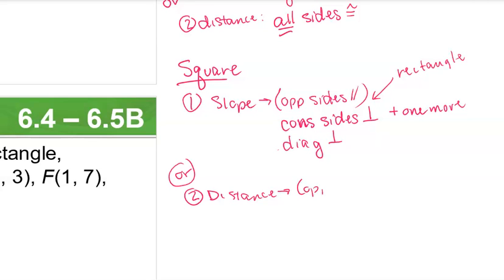all opposite sides congruent, but we already know that because it's a parallelogram. They gave us that. And then we would prove that the diagonals are congruent.